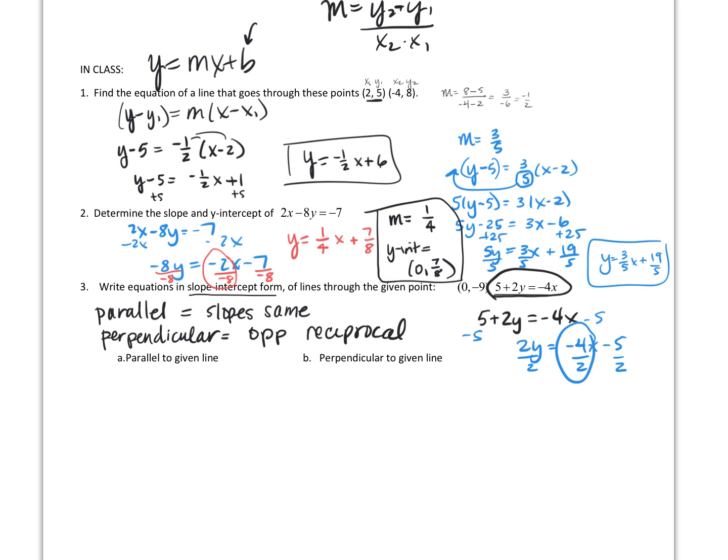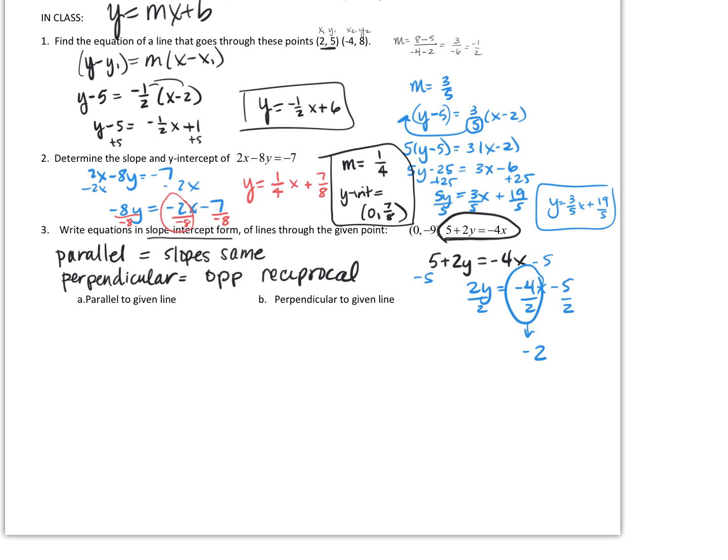Here's my slope. What is that going to reduce to? Yes, negative 2. So my slope is negative 2. That is all I really need. I don't even care about the y-intercept. Doesn't matter. So when I do the parallel line, I'm going to use a slope identical of negative 2.